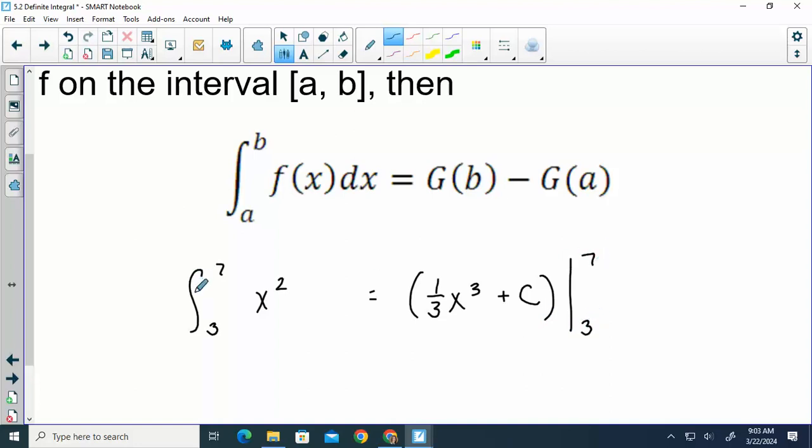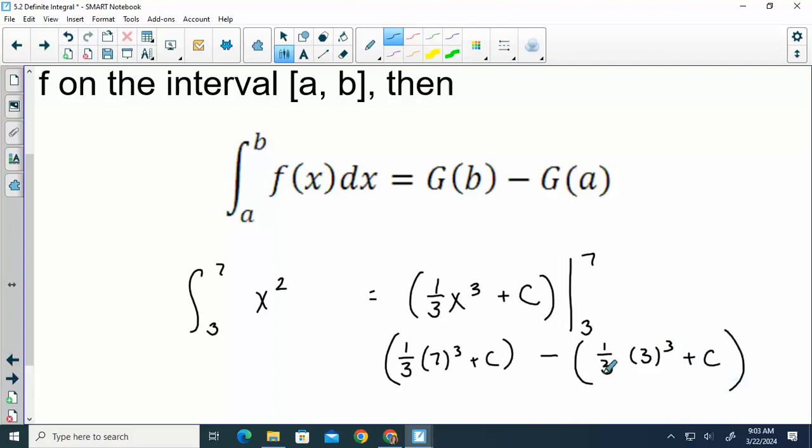So usually when we do that, we change that integral to a vertical line, just to show that now we're going to plug those in. And if I do that, 1/3 times 7 cubed plus c, that's what I get when I put in 7, minus if I put in 3, 1/3 times 3 cubed plus c.